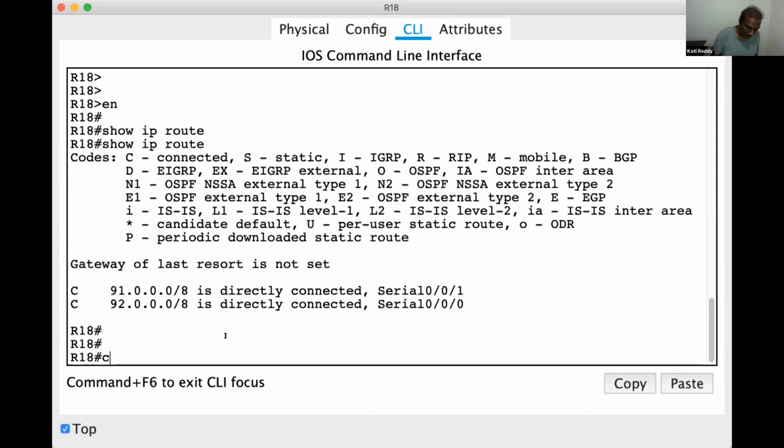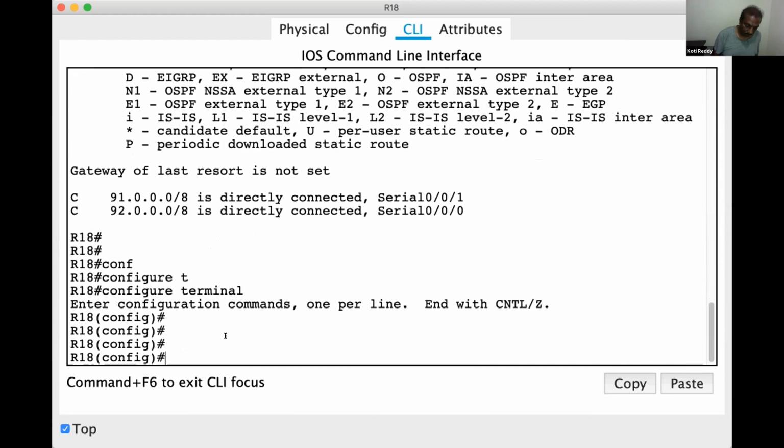So I say configure terminal, IP route 211.212.213.0 255.255.255.0. Pass on the packet to 91.0.0.1.